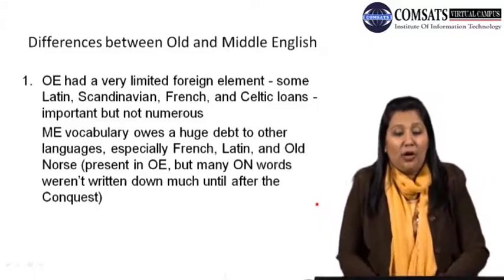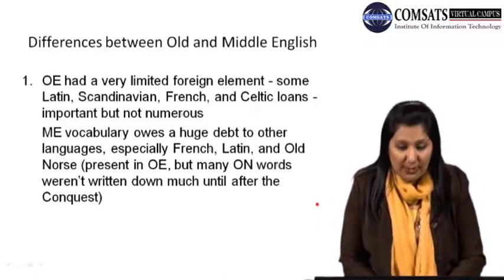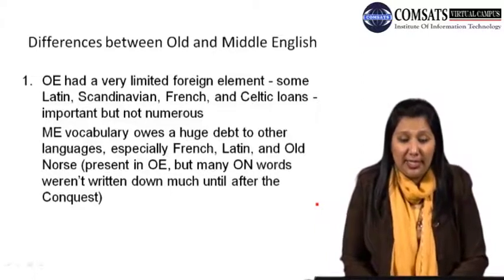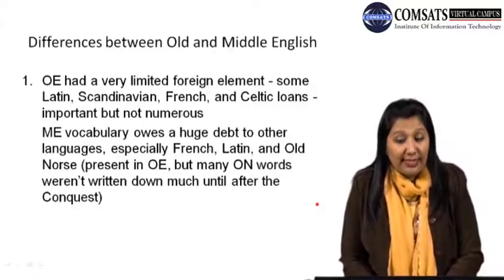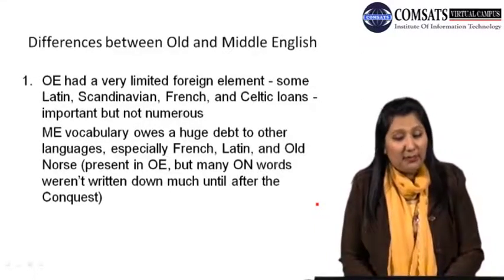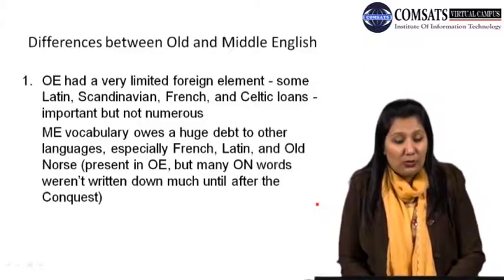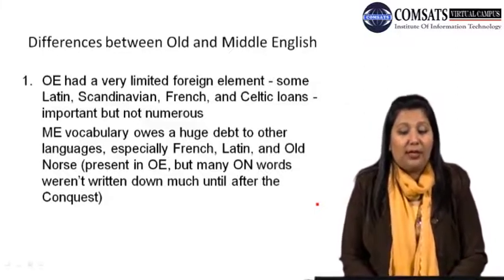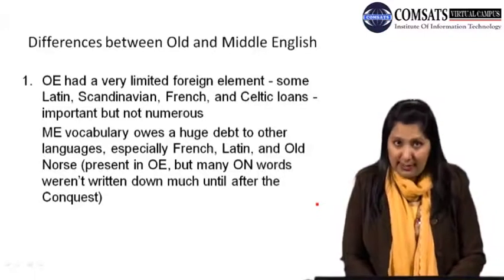Middle English vocabulary owes a huge debt to other languages, especially French, Latin and Old Norse. Present in the Old English, but many Old Norse words were not written down much until after the conquest.